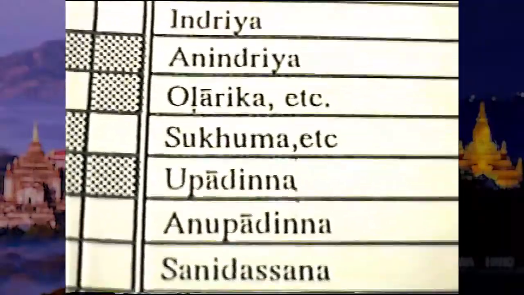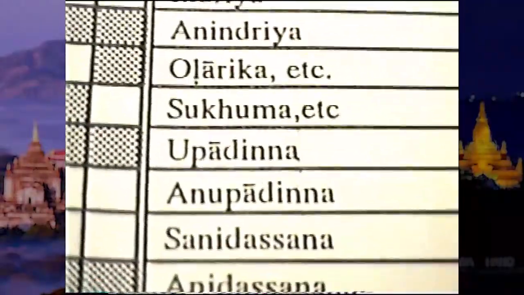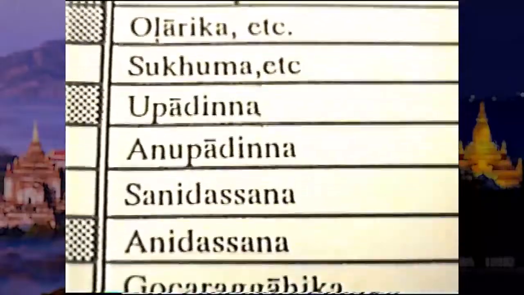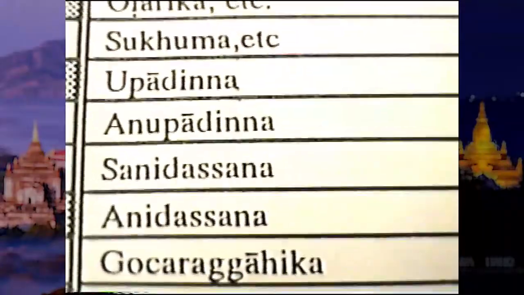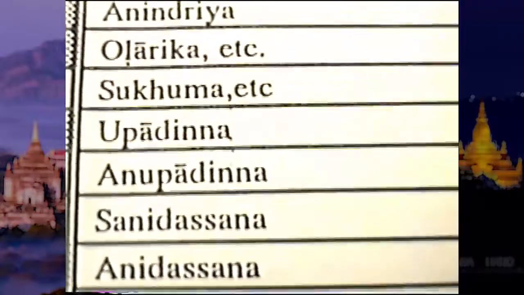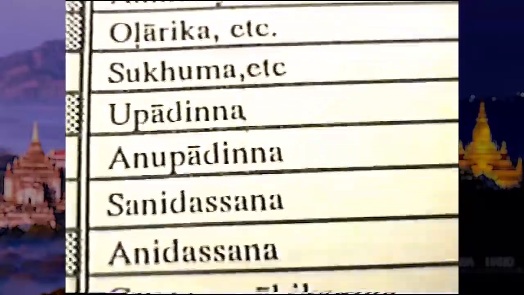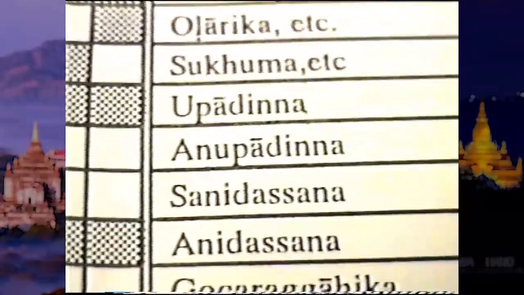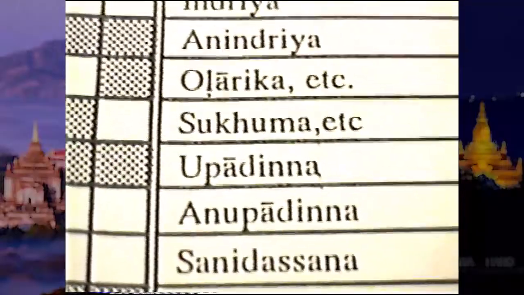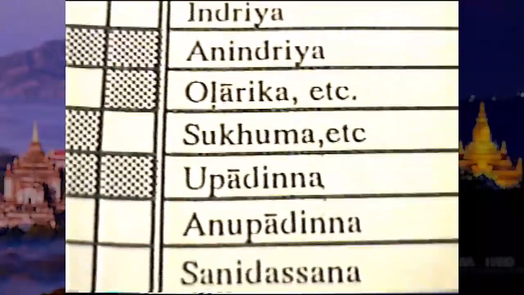Okay. And then next one is upadinna. What is upadinna? You remember? Right. Kammaja. So upadinna and kammaja are the same. So how many upadinnas are there? 18.